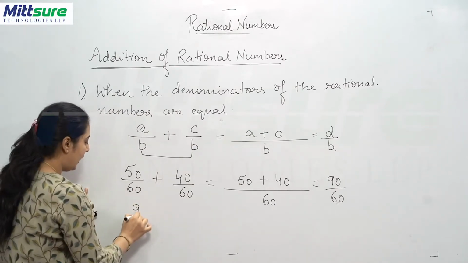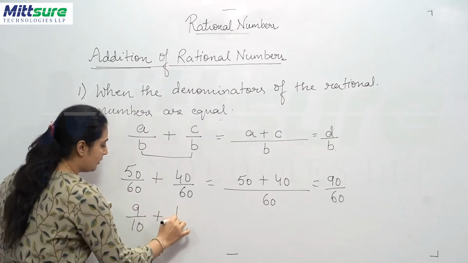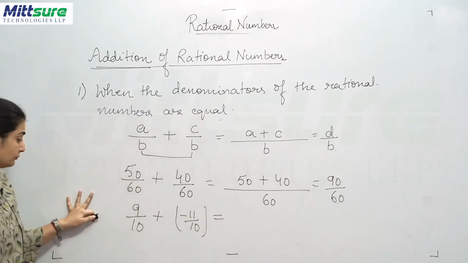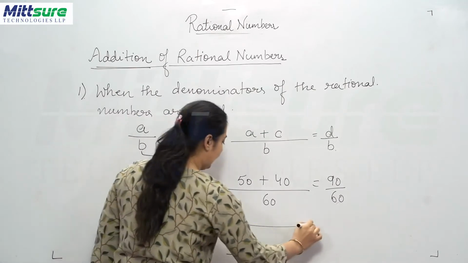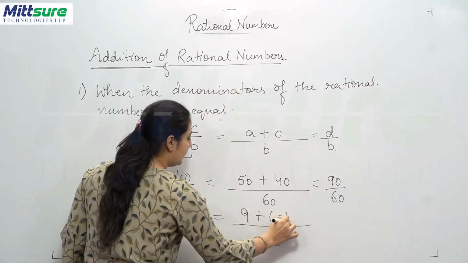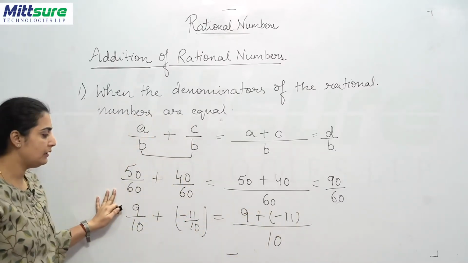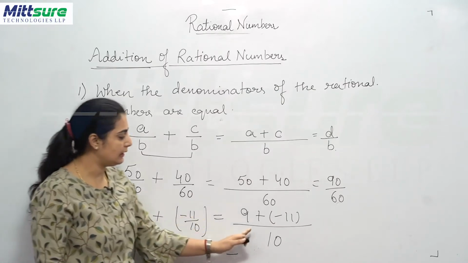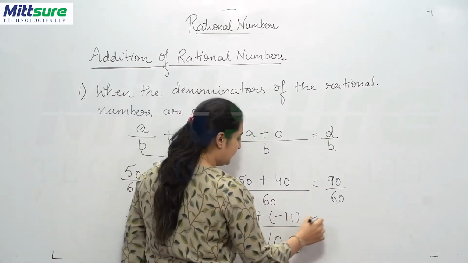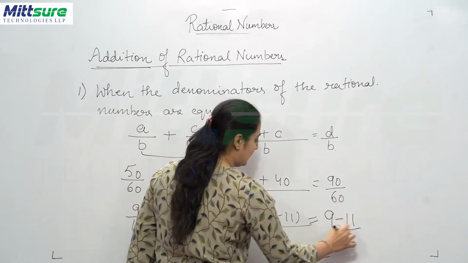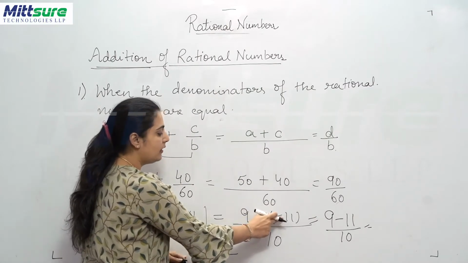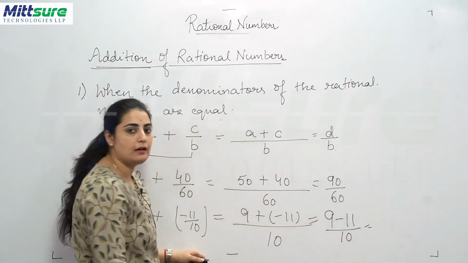Now let's take 9 upon 10 plus minus 11 upon 10, and I will take the common denominator 10. Here I will write 9 plus minus 11. Now here one more step is added. Why? Because here there are two signs together. So when I write this, it becomes 9 minus 11 upon 10, because whenever a positive sign is multiplied with a negative sign, the result is always negative.